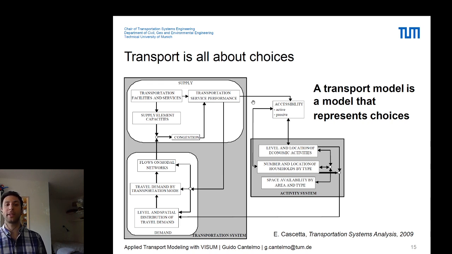There are no speed limits. There is a certain number of lanes. While the service performance is basically how well the infrastructure is working. We have a motorway, but is the motorway fully congested, or is the motorway working, or is the motorway always empty? So the relationship between performance and capacity is given by the congestion.